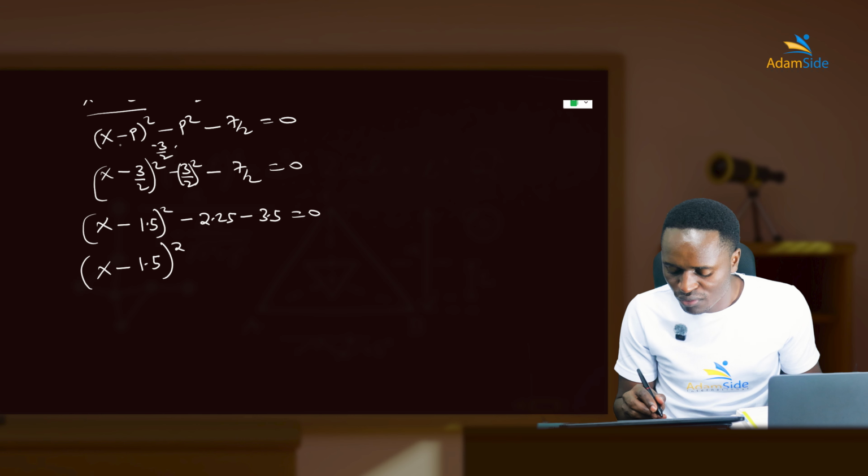If you do that, your x is 3.9 or x is equal to negative 0.90, and this becomes your answer. So you can use the completing the square method to solve the majority of questions, and you get your answer correctly.